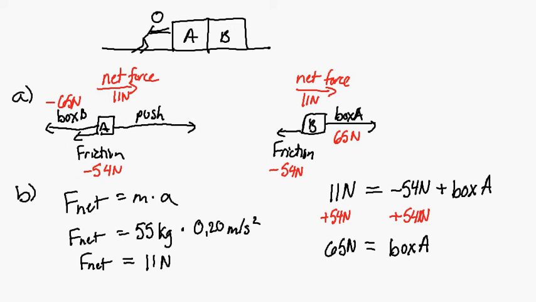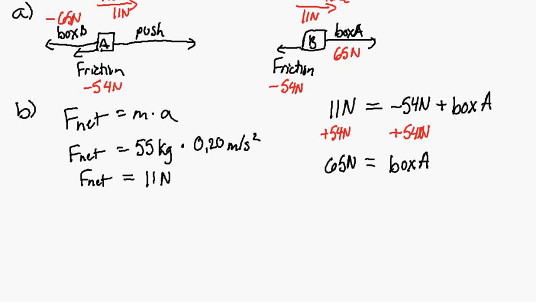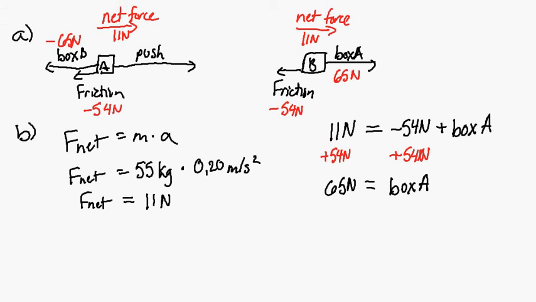In order to solve for that, we're going to set up a similar calculation to what we did on box B. We will say that our net force, which on crate A is still 11 newtons, is equal to the sum of all the forces acting on box A. This includes our negative 65 newton force from box B, our negative 54 newton force from friction, and the unknown push force.